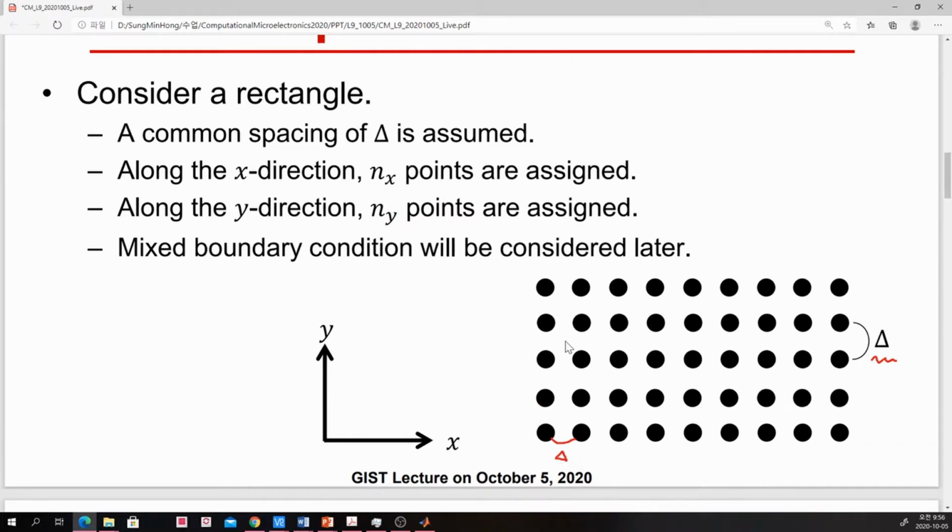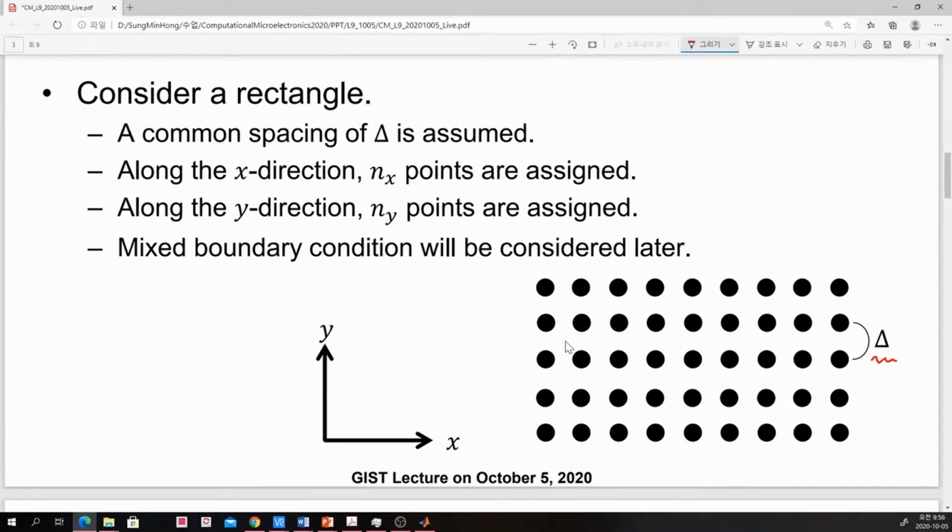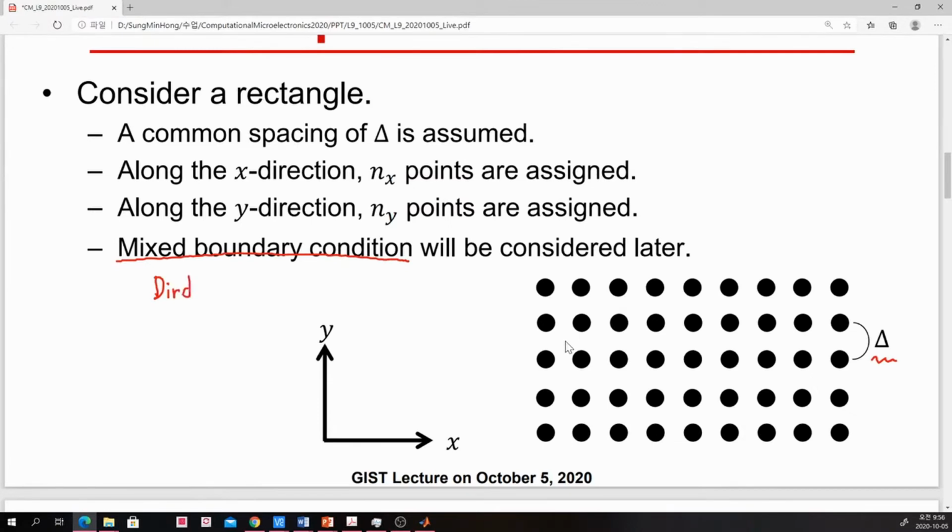And as I told you before, we will think about mixed boundary conditions. Here mixed means that we have introduced both Dirichlet boundary condition and Neumann boundary condition.